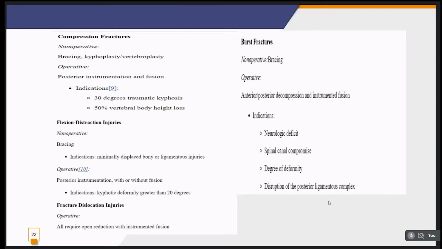The first is the compression fracture, which can be non-operative or operative, and in our patient we have the burst fracture. So the indication: we have spinal canal compromise, and we suspect disruption of the posterior ligamentous complex. So I think the indication for operation in this patient is suitable.